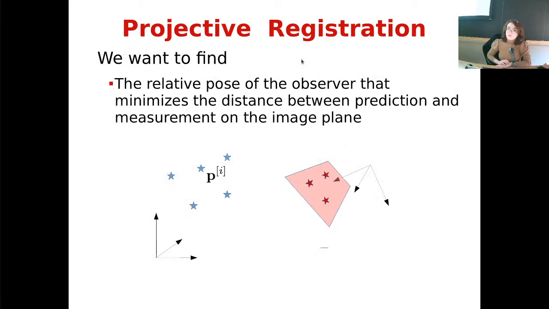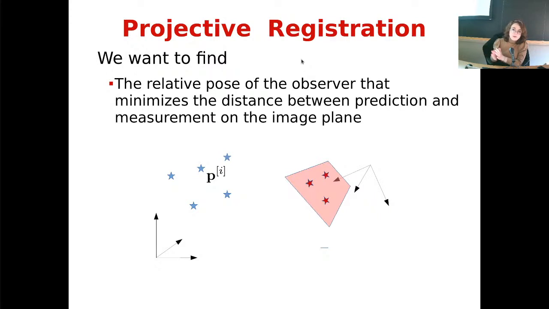And we want to find the relative pose of the observer minimizing the distance between the prediction of the measurement and the actual measurement. Meaning what? Meaning that in this case, in order to go from 3D points to points in the image, we need to take these points and project them to the image using the camera model.